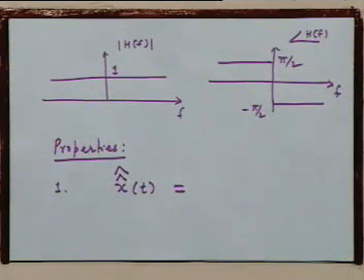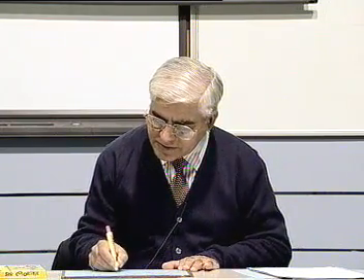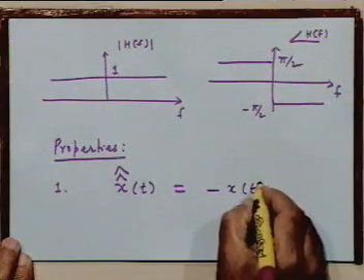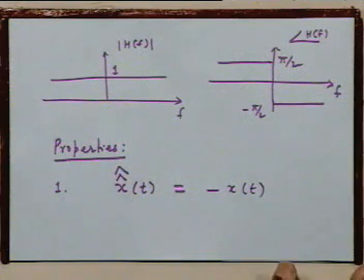If I take the Hilbert transform once again of the Hilbert transform of x t, I get minus x t, because the total phase shift will become minus pi for every frequency component. So every frequency component goes through a phase reversal. So the result is simply the negative of the original signal. This is very easy to prove. I'll leave the proof. It's obvious, I hope.